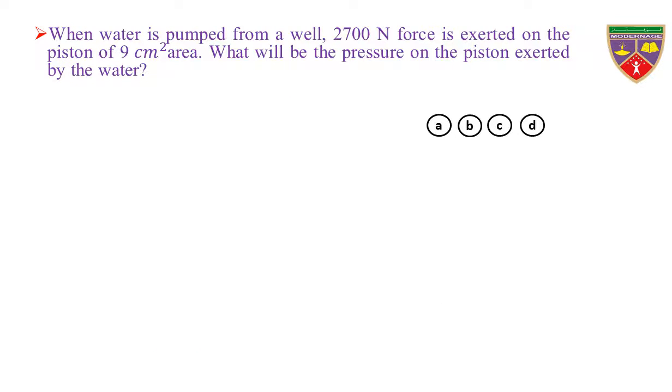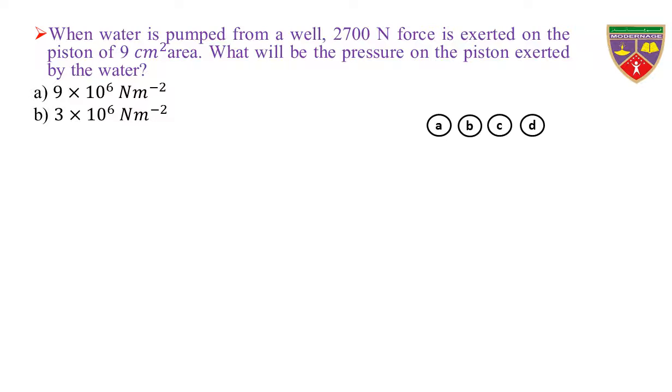When water is pumped from a well, 2700 Newton force is exerted on the piston of 9 square centimeter area. What will be the pressure on the piston exerted by the water? Option A, 9 × 10^6 N/m².